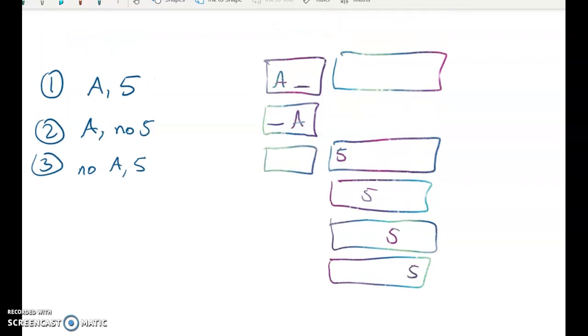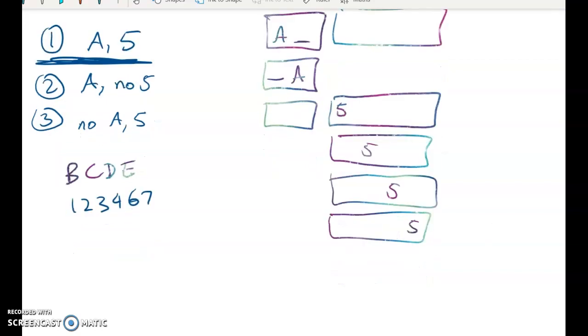So that means that I've got B, C, D, and E for the second letter. And I've got 1, 2, 3, 4, 6, 7 for the other ones. So here I'm just working on this simple case of both an A and a 5.